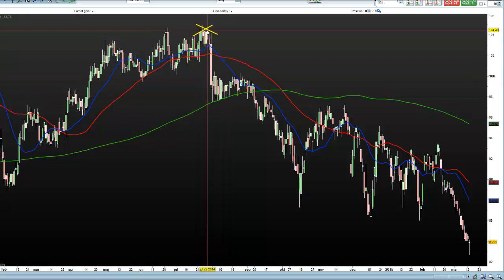So what you get here is, I may confuse you now, because I will describe how you can look at the pattern as a flag. So this would be the flag pole, and then you have the range as the flag.